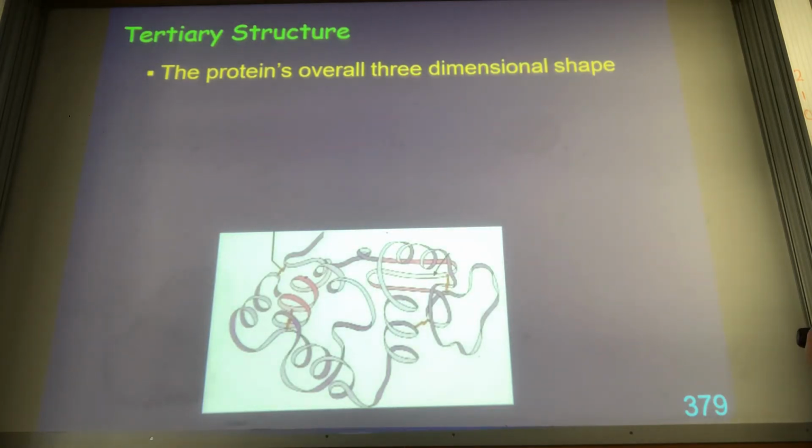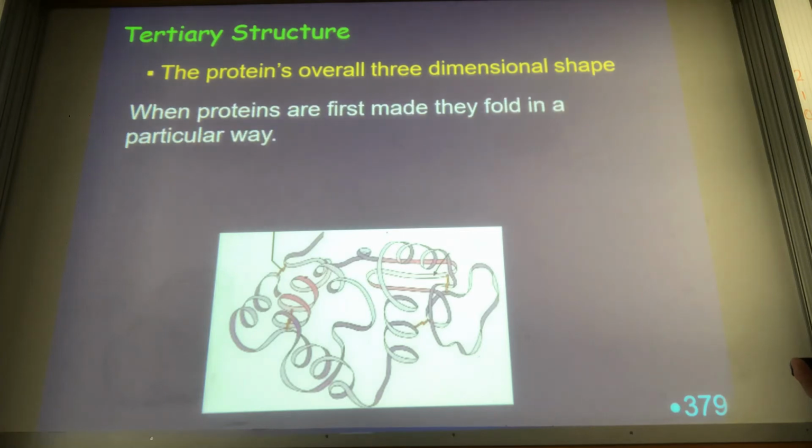Tertiary structure is the overall three-dimensional shape of the protein. Now these are really important, and they're determined by the myriad of interactions between different parts of the protein chain.